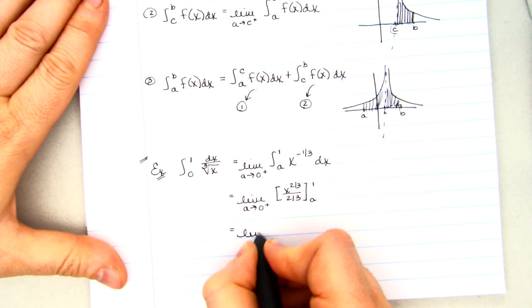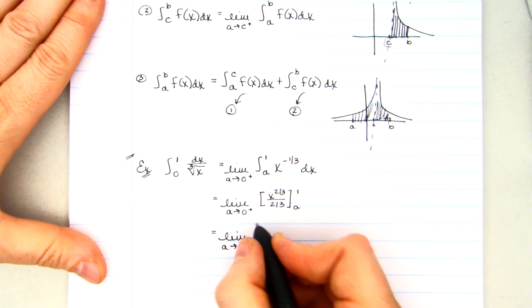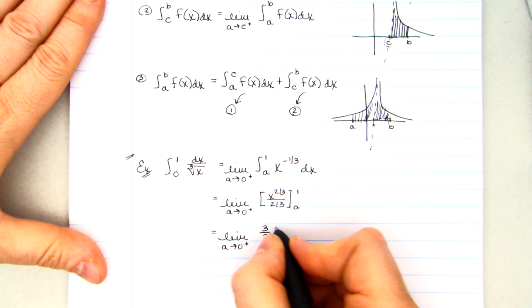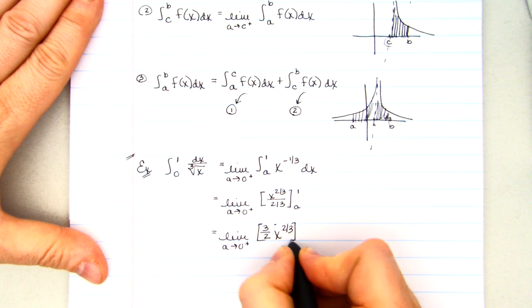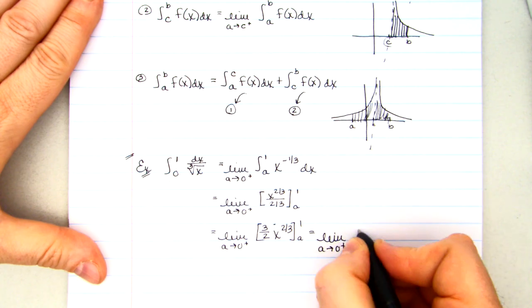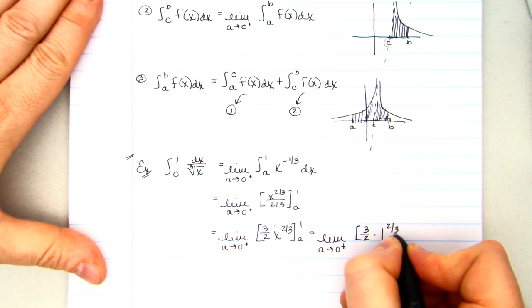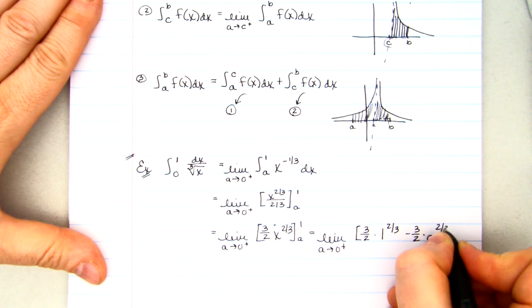That gives me the limit as a approaches 0 from the right of 3/2 x to the 2/3. I'll leave it like that for right now from a to 1. Then I'll plug in: limit as a approaches 0 from the right, 3/2 times 1 to the 2/3 minus 3/2 times a to the 2/3.